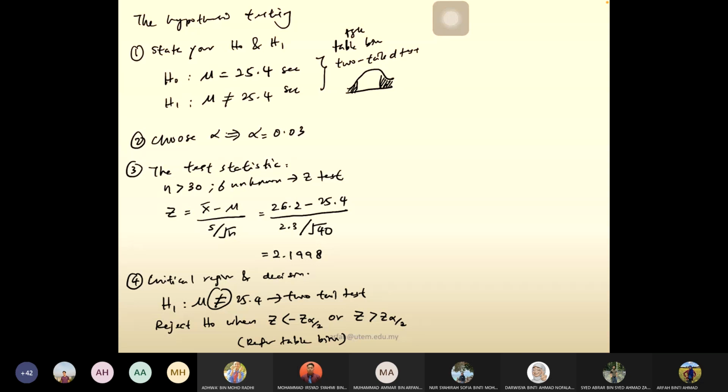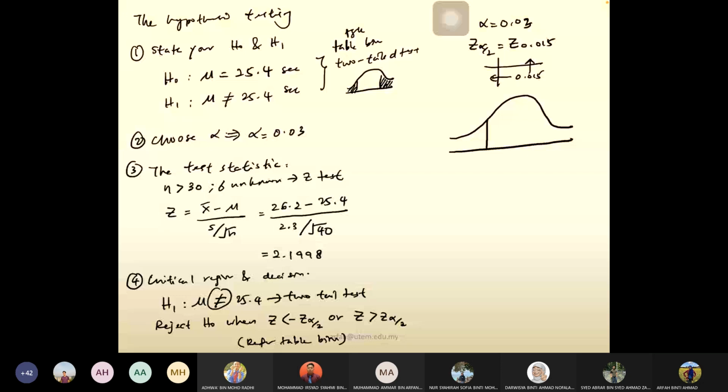Okay. So, alpha equal to 0.03, Z alpha over 2 equal to Z 0.015. So tengok dekat dalam table Z of 0.015 berapa nilai dia. So awak akan dapat two tail. Negatif Z alpha over 2 dan juga positif Z alpha over 2.